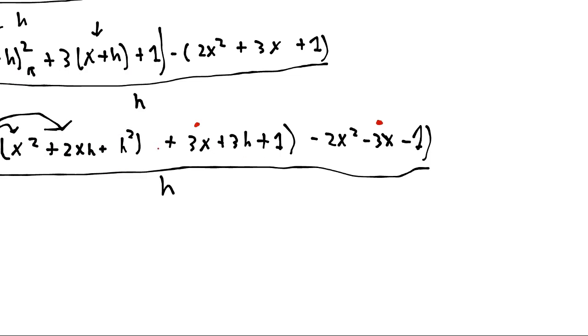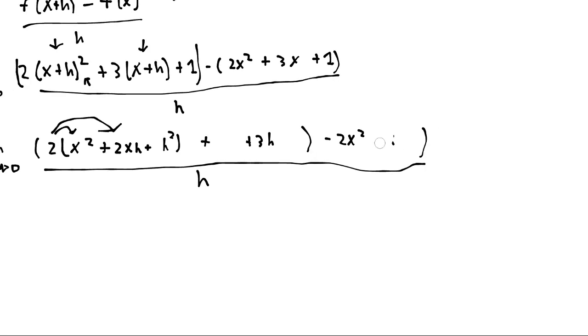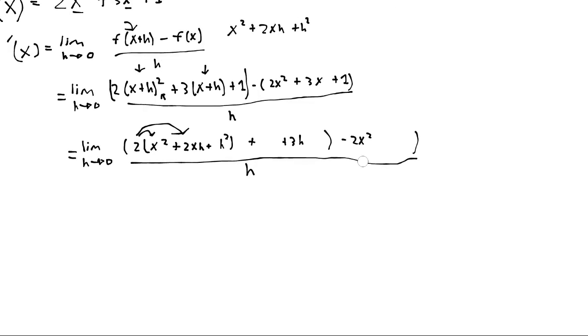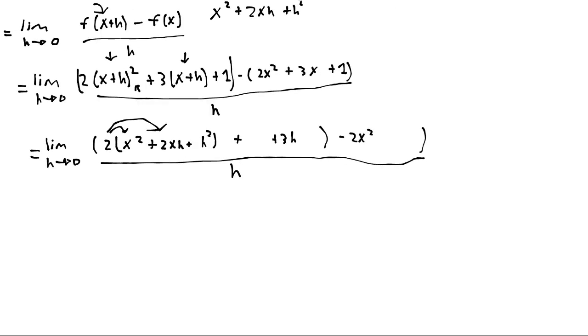I'll subtract those out. And then the plus 1 here is going to go with that minus 1. Oh, sorry, I forgot to take out that one. That's about all we can do right now. So I'm going to finish expanding this 2 into the bracket, and then we'll see what it looks like after.